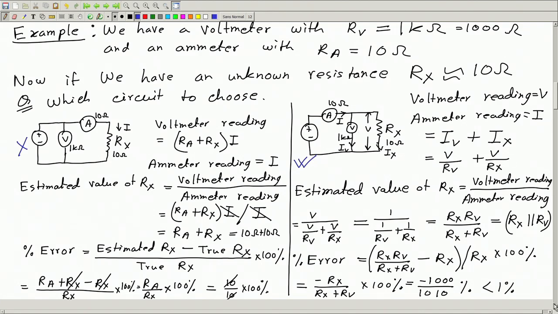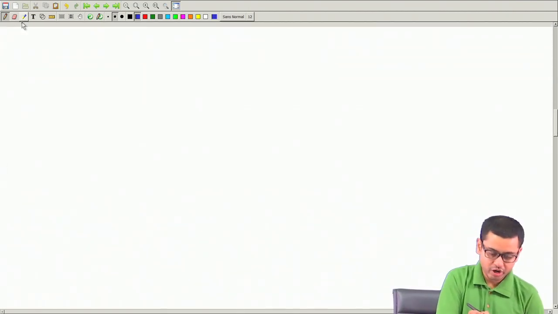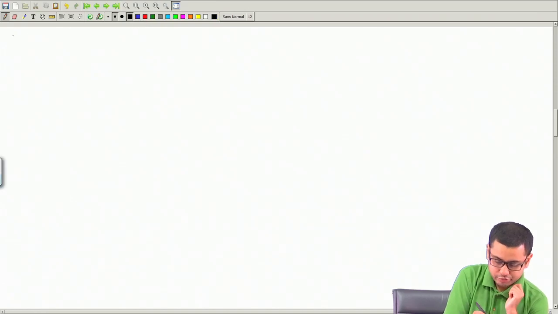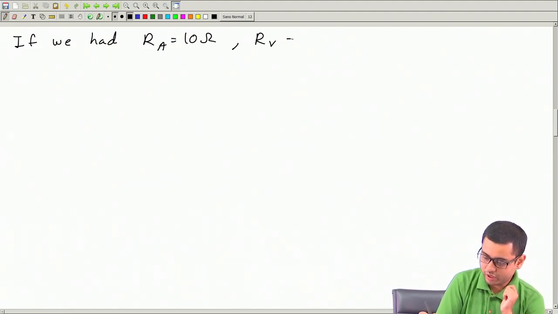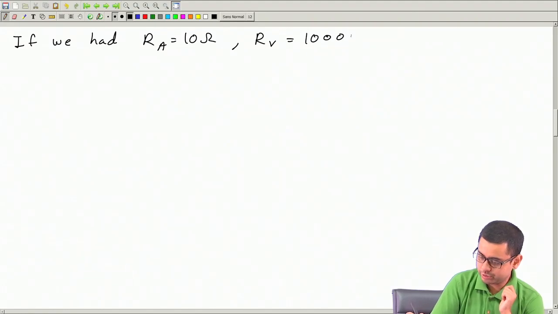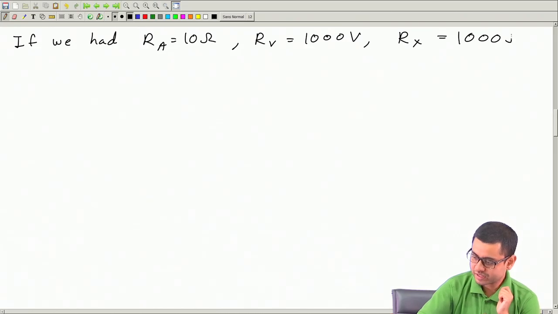Similarly, I'll give you a small homework maybe. So if we had, say, Ra equals 10 ohm as before, Rv equals 1000 ohm as before, but Rx equals, say, around 1000 ohm. Sorry, this is not volt, this is ohm.